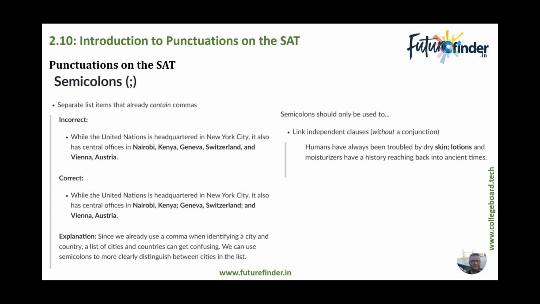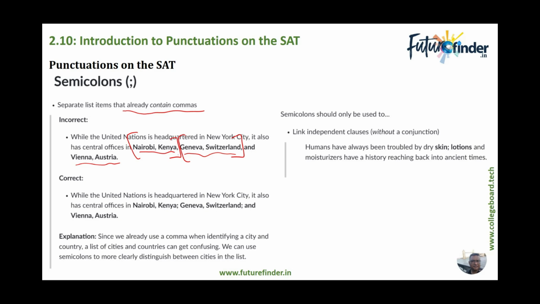The semicolons separate a list of items which already have commas. Something like this. The United Nations, headquartered in New York City, also has central offices in Nairobi, Kenya, Geneva, Switzerland, and Vienna, Austria. But then, as you can see, these are groups. Nairobi and Kenya become the same group, and Geneva and Switzerland become the same group.